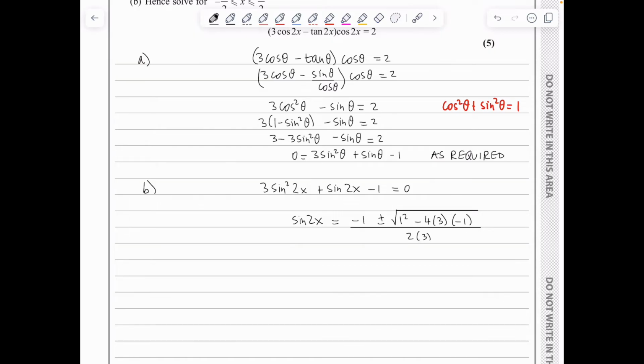So this gives values for sine 2x of minus 1 plus root 13 over 6, or sine 2x is minus 1 minus root 13, and all of it over 6.